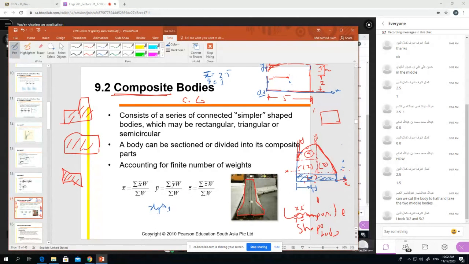Then we find the area of 2, A2, and its center is x2. Then we have 3, area A3, and its center from here is maybe x3. And we have area 4, A4, and its center is at x4, right?